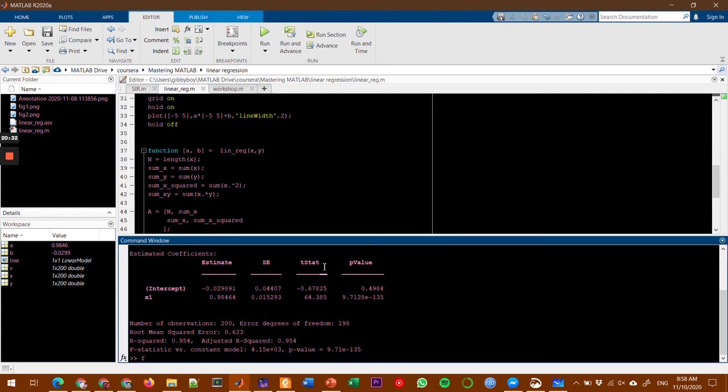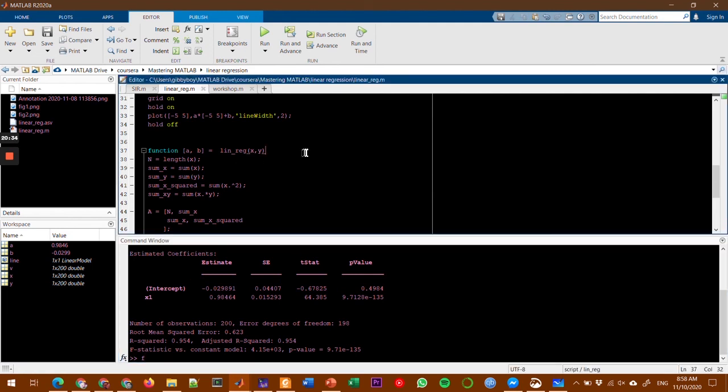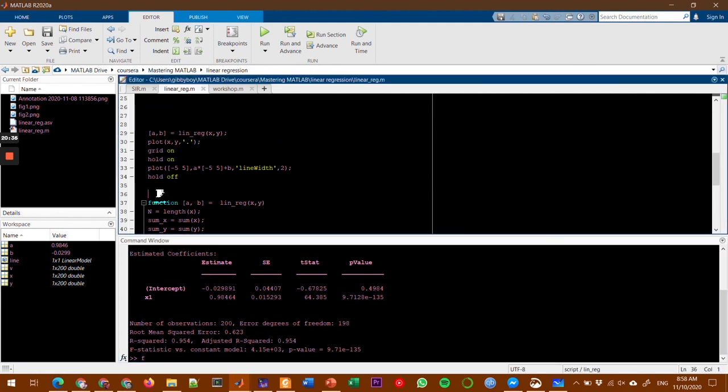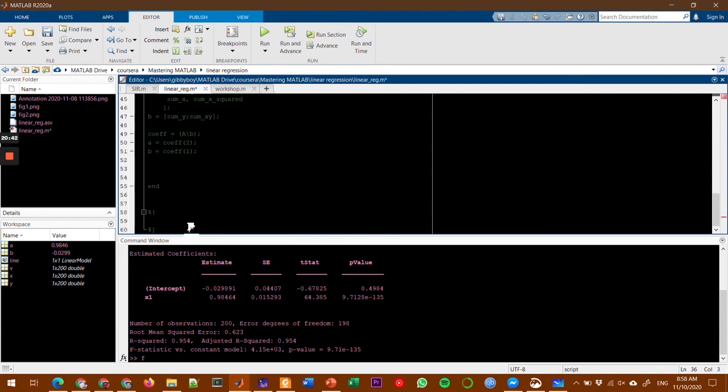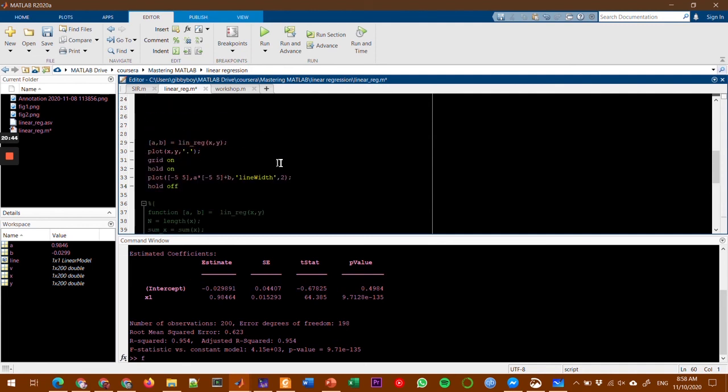right? So instead of all the code above, we just comment it out, remove it. And we'll just have to, instead of this, use fit lm.